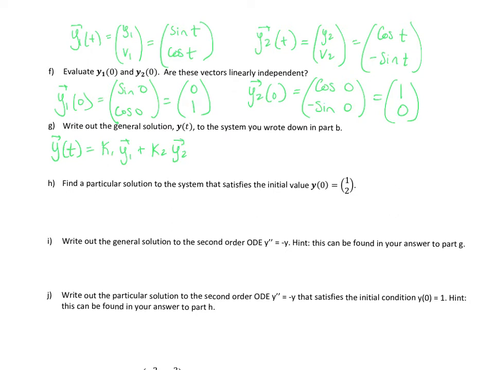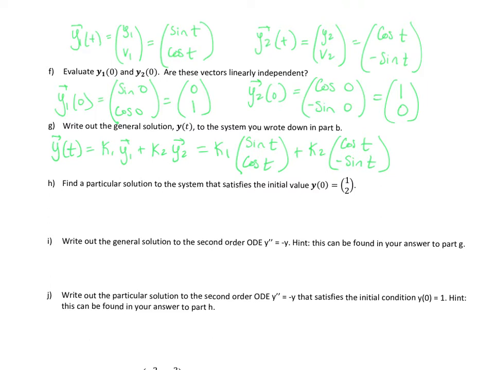And I can now just put in y1 and y2. So I have k1 times y1, which is sine t, cosine t, plus k2 cosine t, negative sine t.